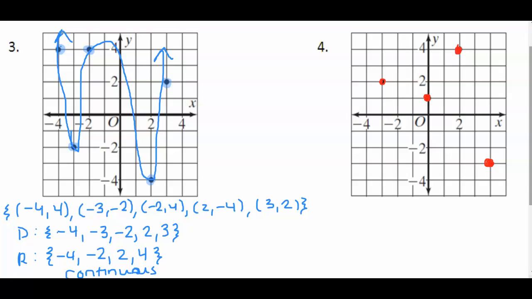In the other example, we're going to write down our set of ordered pairs. So that's -3, 2, 0, 1, 2, 4, and then 4, -3.